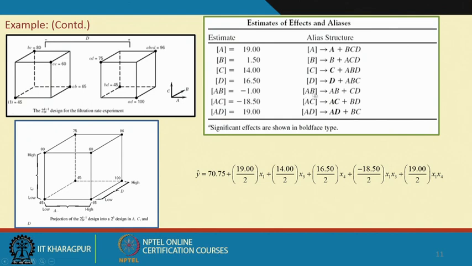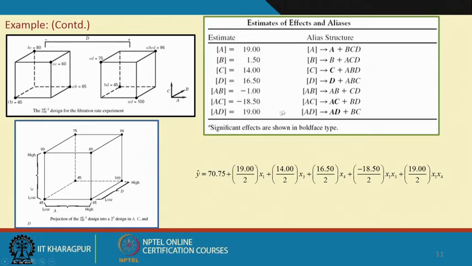Now, as AB is aliased with CD, AB plus CD, you may say that this value is low maybe because AB is on the positive side and CD is affecting negatively. But this kind of thing hardly occurs. So, for all practical purposes it can be assumed that A, C, D, AC and AD are significant.